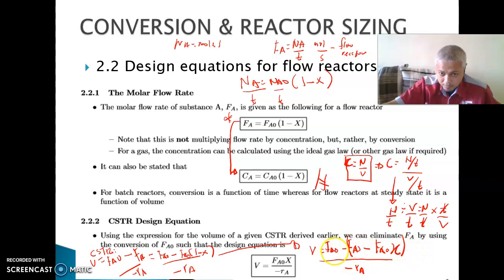We will get Fa naught minus Fa naught cancel, and negative times negative we will get positive. That's why we get V equals Fa naught X over negative Ra for CSTR. That means for CSTR, we can use either this formula, this formula, or this formula.